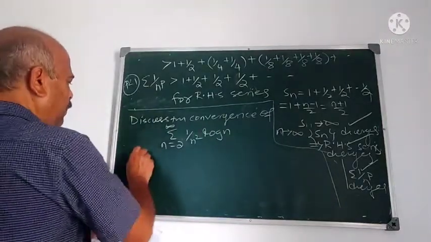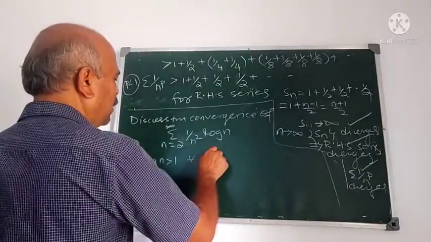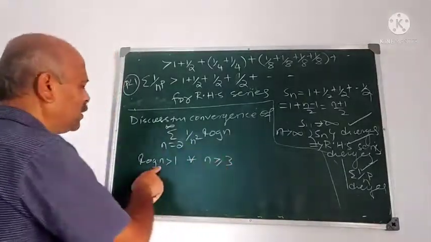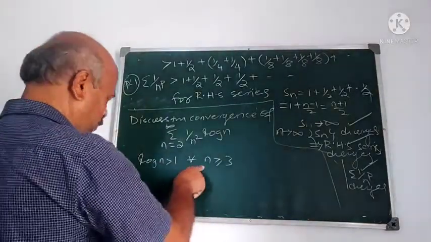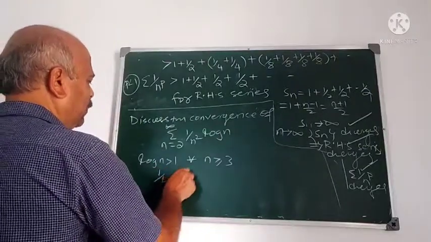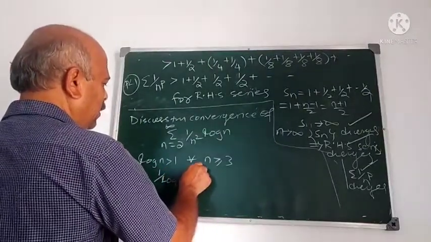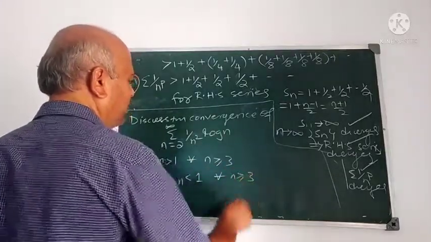Now here we know that log n is greater than 1 for all n greater than or equal to 3. Here log means ln, whose base is e. Therefore log n is greater than 1 for all n greater than or equal to 3, so 1 upon log n is less than 1 for all n greater than or equal to 3.